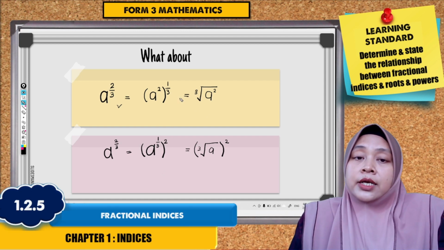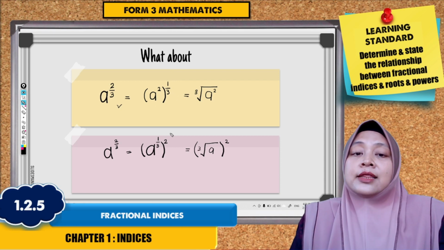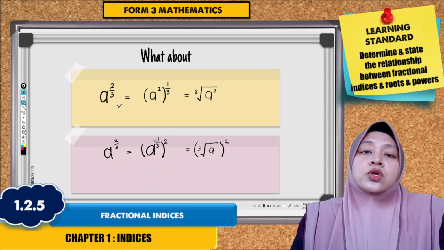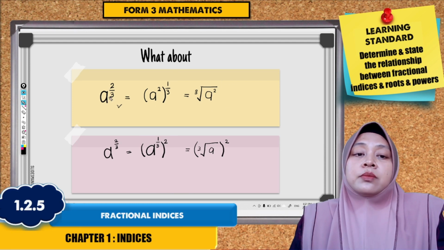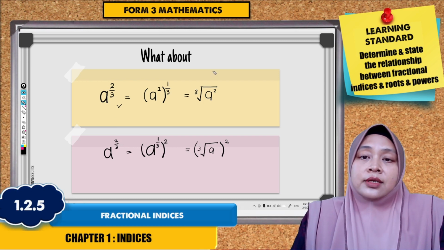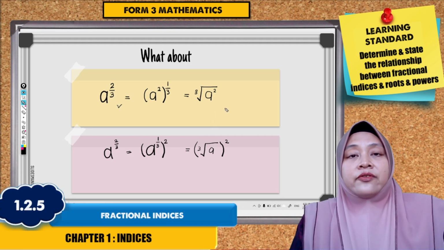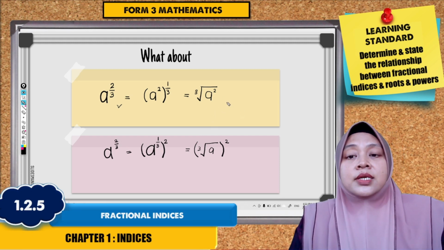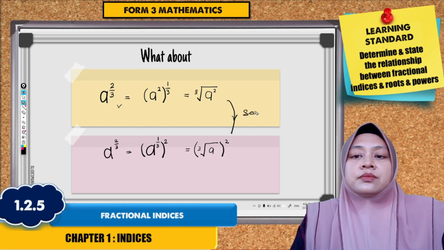Sama ada kamu hendak kuasa duakannya dulu baru kamu punca, ataupun kamu punca kuasa 3 ni dulu baru kamu kuasa 2, akan tetap memberikan jawapan yang sama. Ini agak complicated sikit, tapi I hope you can follow me, and I will give you some more examples after this. Whatever it is, these two things are the same thing.